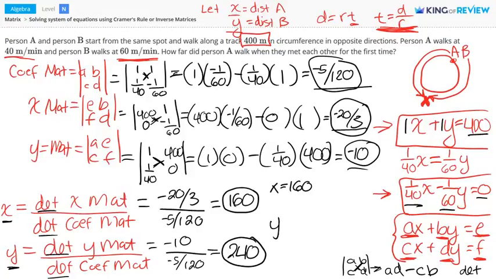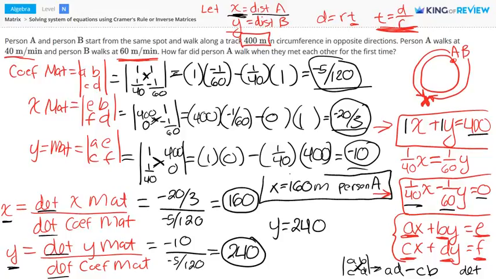So y equals 240. Now, what did these mean? What did these variables stand for? Well, let's see what x was. Well, that's the distance person A walked. So this is 160 meters for person A. So person A walked 160 meters.